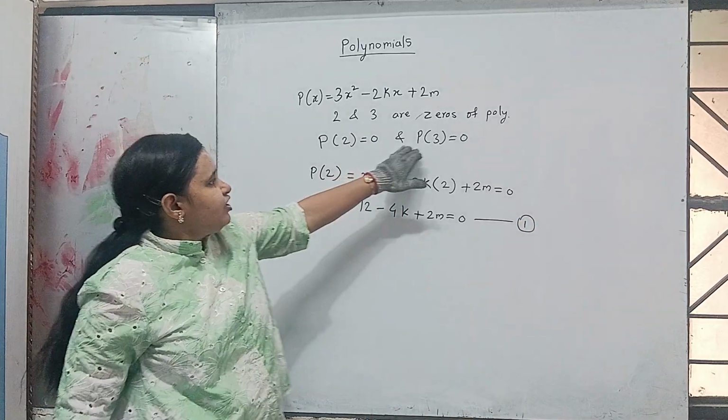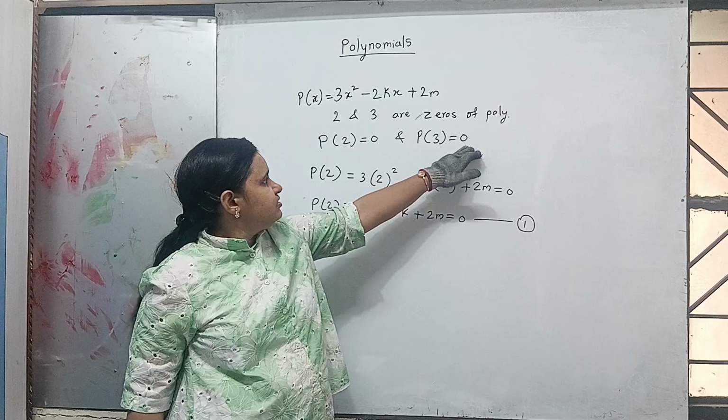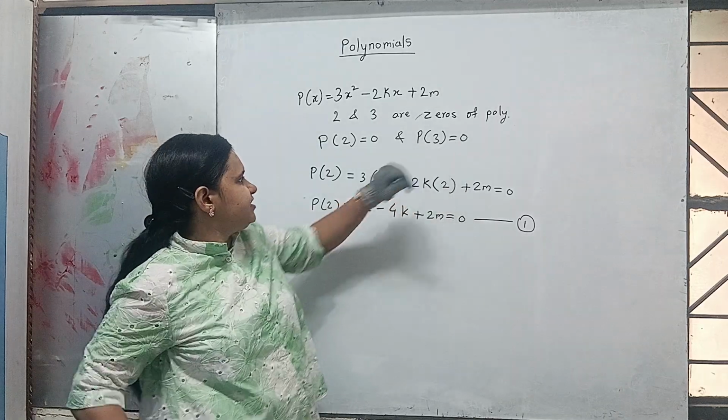Now p of 3 is also a zero of this polynomial. So let us put x as 3.